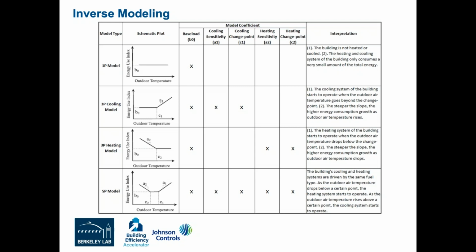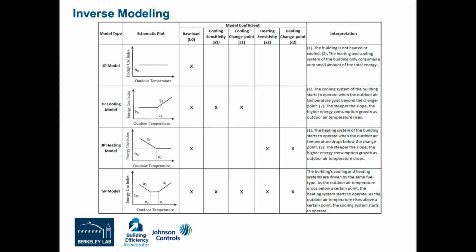In the second example, a 3P cooling model, here we would see at a certain temperature, the cooling system of the building would start to operate. So that temperature we would call the change point, and then that steeper slope, that alpha 1, would indicate that as our outdoor air temperatures rise, we see higher consumption growth within the building for, again, in this case, cooling.